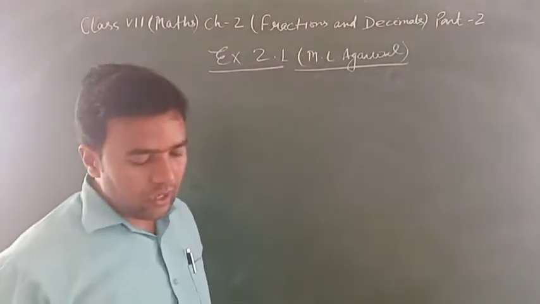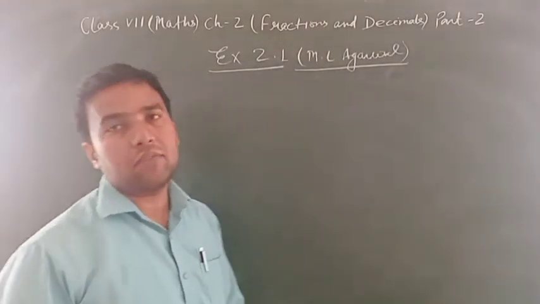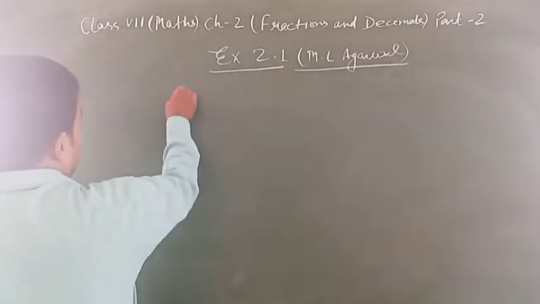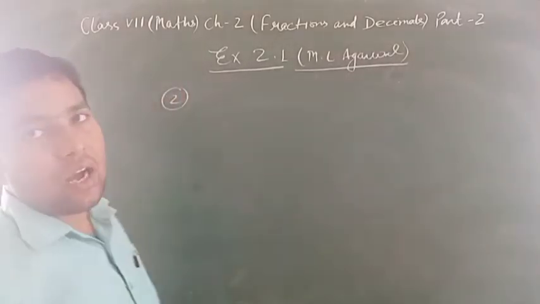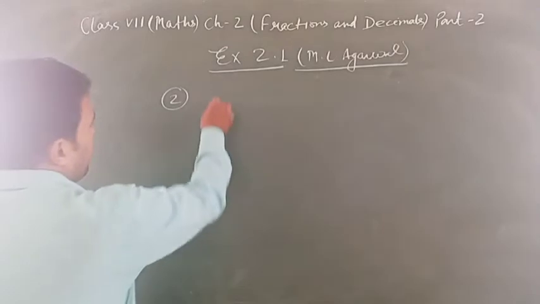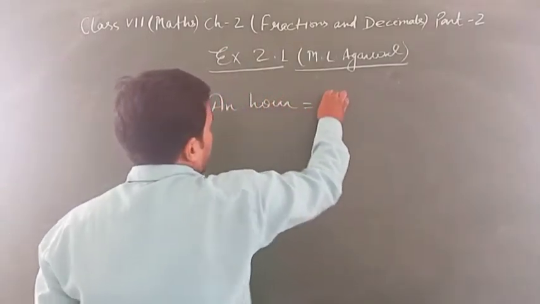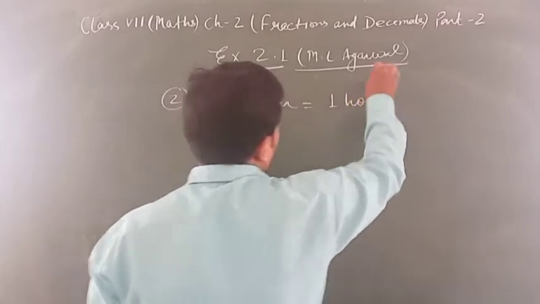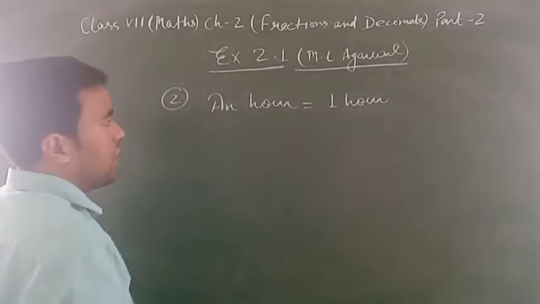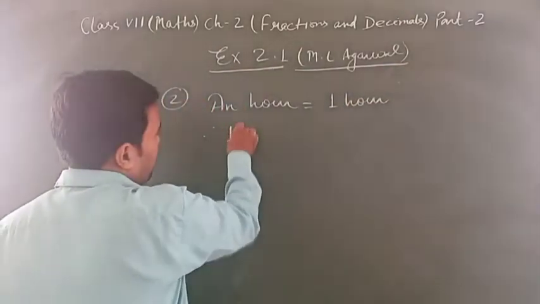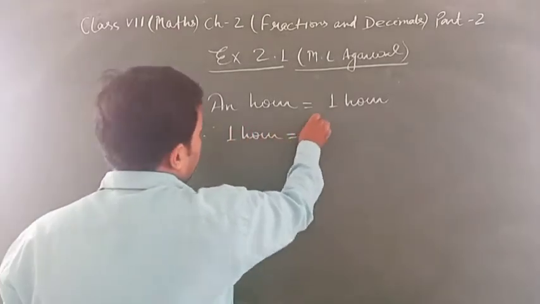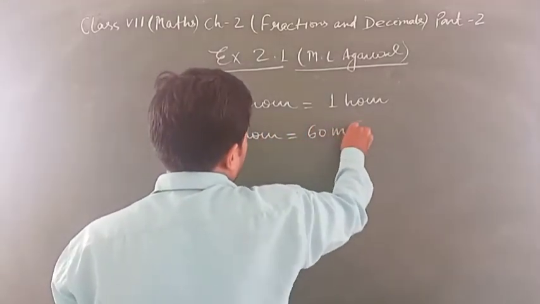Second question: what fraction of an hour is 35 minutes? An hour means 1 hour. We know that 1 hour is equal to 60 minutes.